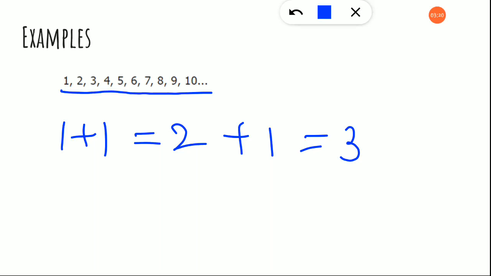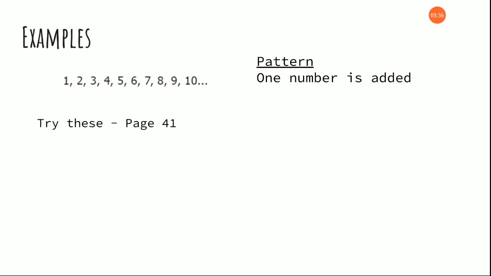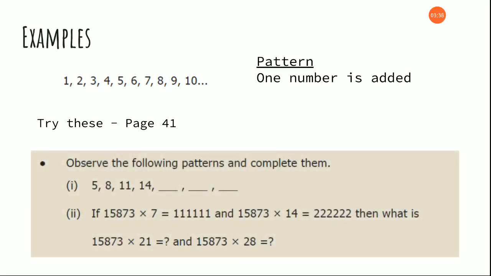So after every number, this 1 is added. Okay? So is it easy for us to spot the pattern here? Very good. Now, the pattern is one is added after each number. Now look at this. Observe the following patterns and complete them.